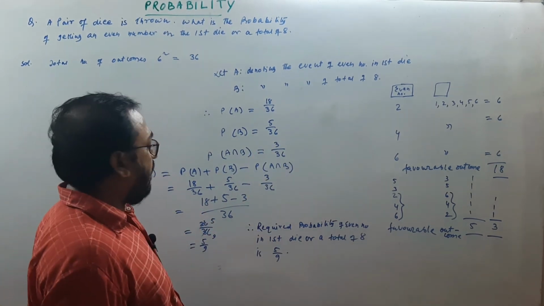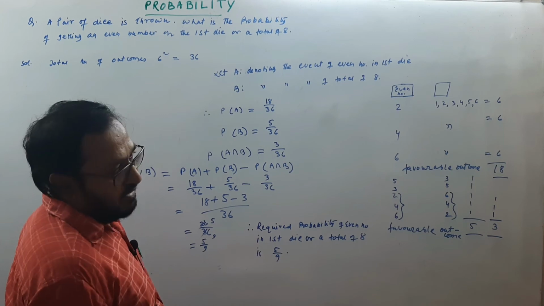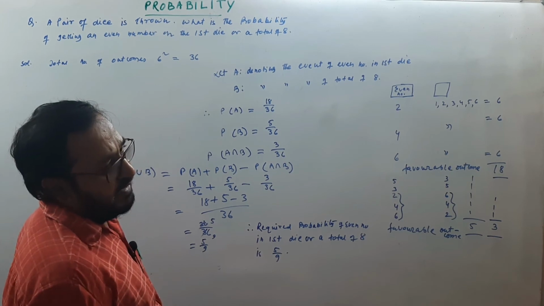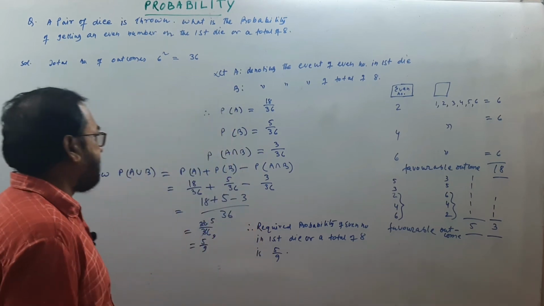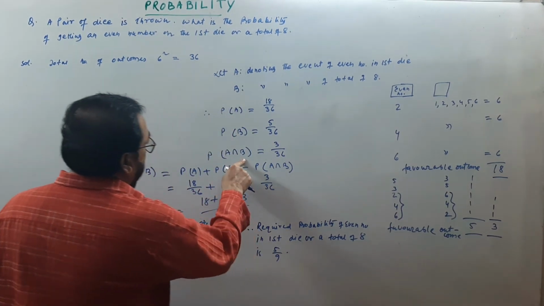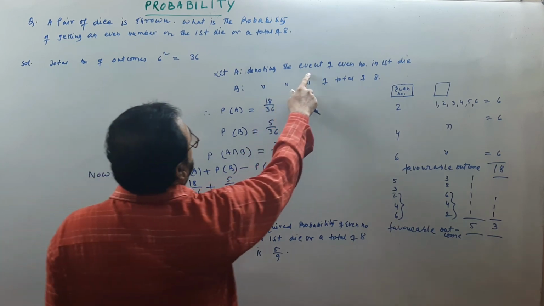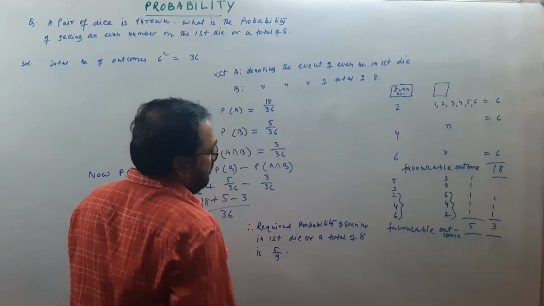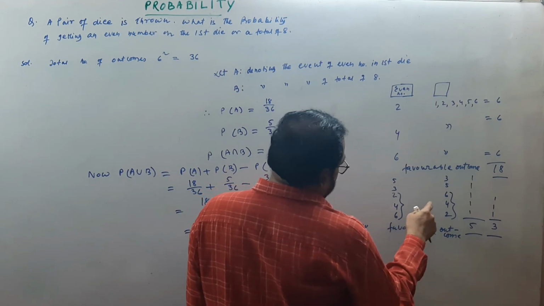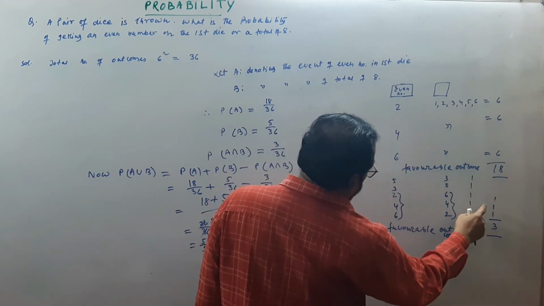Now also you have to find A intersection B, that is when events A and B occur simultaneously. For P of A intersection B, it must be an even number in the first die and also a total of 8. Here the total number of favorable outcomes would be 3.